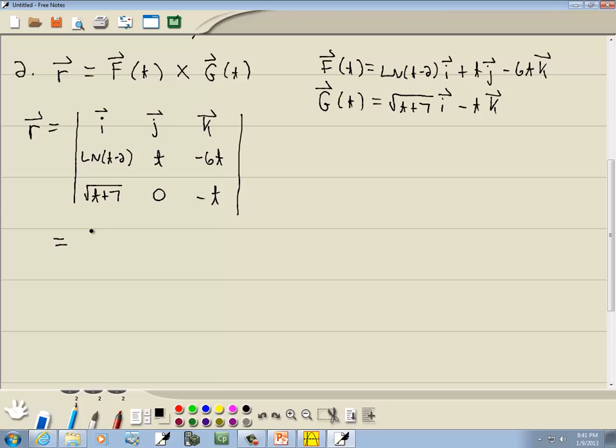Well, if you remember when you're finding the determinant of this, like we're working with the i, we cross out the row and column it's in. And what isn't crossed out, we find the determinant of that.